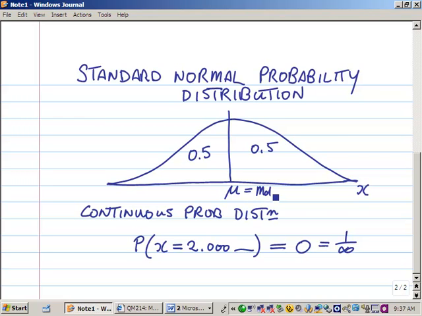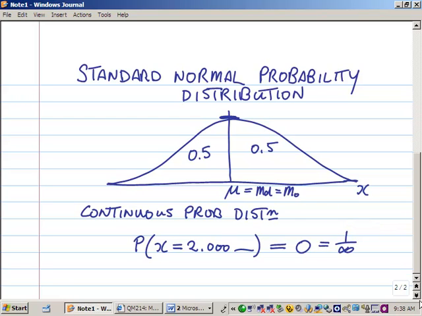The median is defined in our first module as the point at which 50% of the data, half the data, lies below and half the data lies above. So with any symmetrical distribution, and the normal is just one example of a symmetrical distribution, the mean and the median are the same. But also, while we're at it, since that's the top of the distribution, this is also the mode of the distribution.